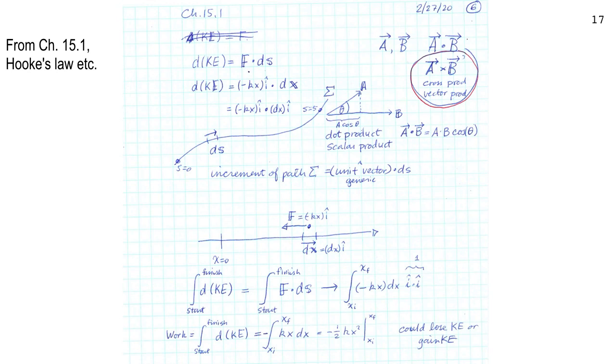It's pretty basic. If you have two vectors, I'll make them different length. So here's vector B, here's vector A. Different length, different angle. Here's theta, right in here. This one's called the dot product, or the scalar product, because it gives you a scalar.